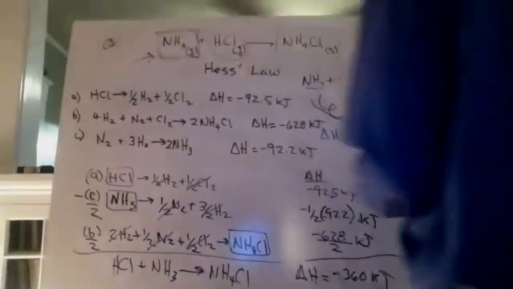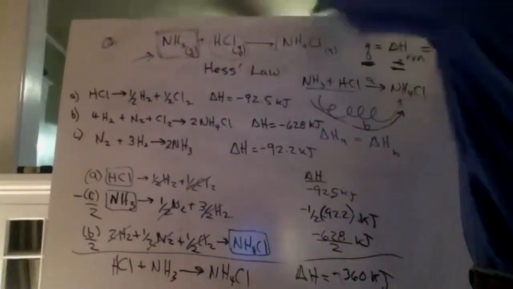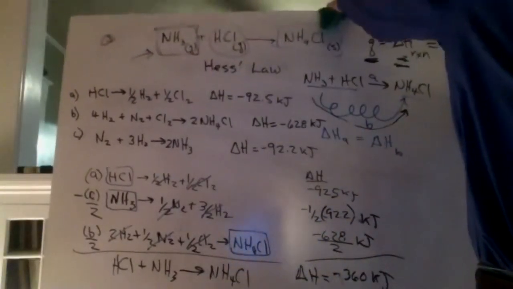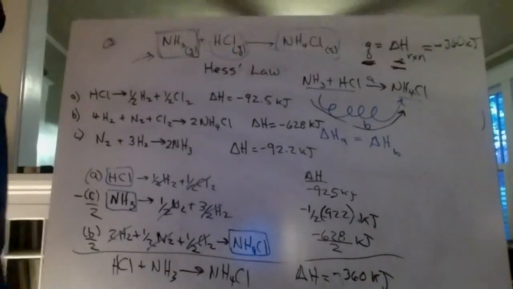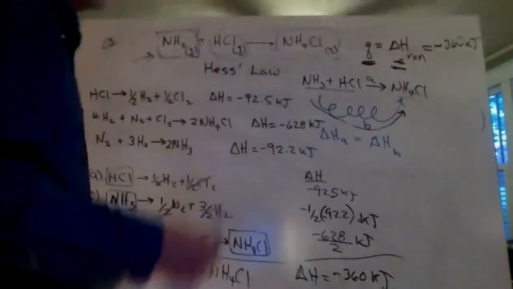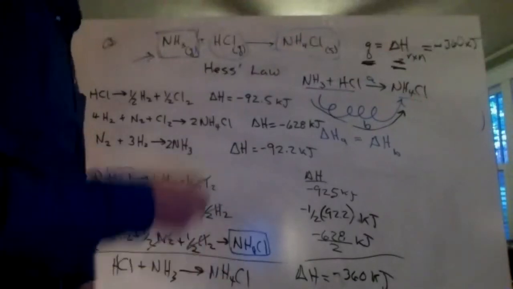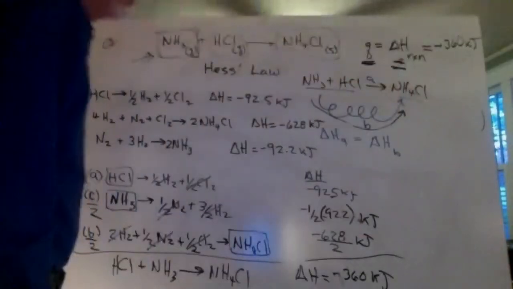The heat of this reaction is exothermic. It's minus 360 kilojoules. And the reason we can do that is because enthalpy change, which is the heat energy, is a state function. And all that matters in terms of the change in the enthalpy is where you start and where you end up.